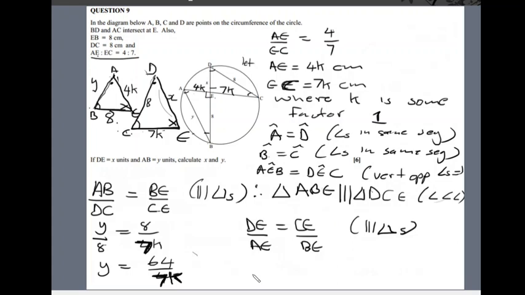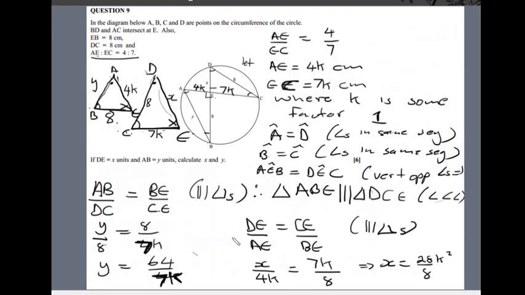So DE is X, which I want to calculate. AE is 4K and CE is 7K, and then BE is 8 centimeters. So x is equal to 4 times 7 is 28, k times k is k squared, so I have 28k squared over 8, right? Those are the values of x and y.